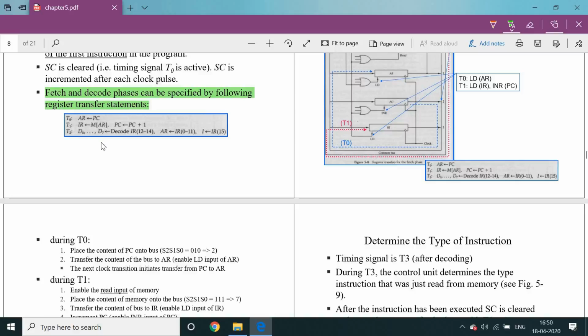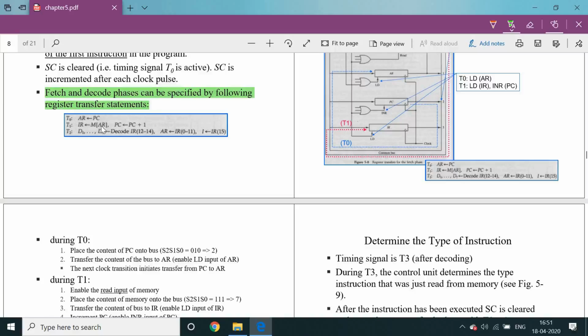Next one, the T1 state: memory of address register. Here the square bracket is there. M indicates memory, the square brackets indicate an address.